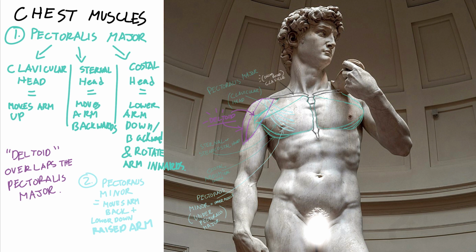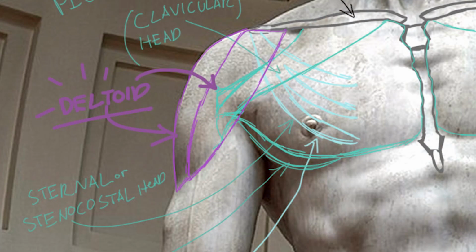Because Pectoralis Major is right on top of the Pectoralis Minor, and the Pectoralis Minor connects to the top three ribs, and it does a similar function as the Pectoralis Major's sternocostal head, which is basically moving the arm back and also lowering the arm. So same thing as the abdominal head or the costal head.